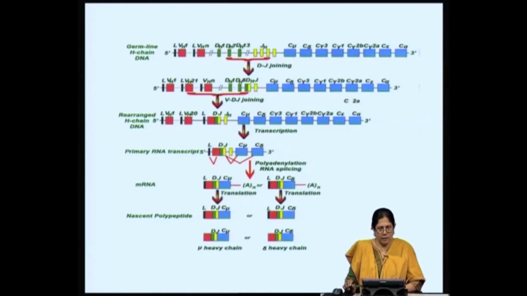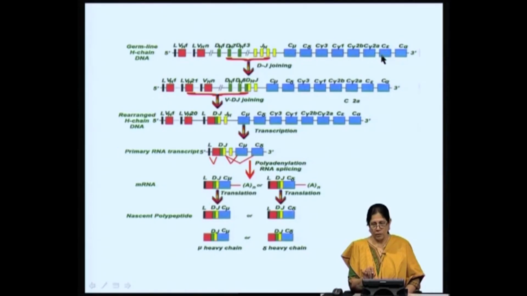The heavy chain is more complicated, as one can imagine. First of all, let us look at the constant domain. Kappa chain had only one constant domain. The heavy chain has several, each one corresponding to the constant domain of the classes of immunoglobulin M, D, IgG3, IgG1, IgG2b, IgG2a.